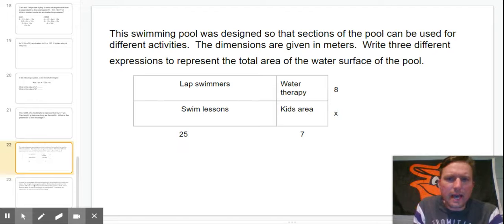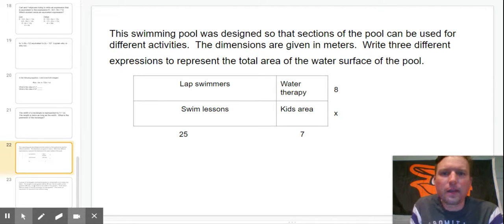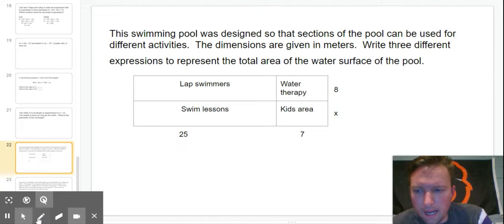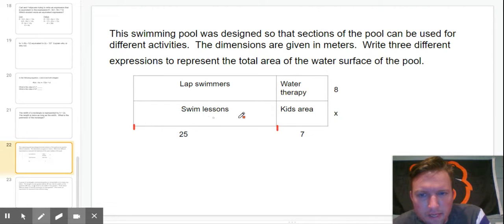This is a swimming pool designed so that the sections of the pool can be used for different activities, like maybe they're cornered off or sectioned off. The dimensions are given in meters. From here to here, that would be 25 meters. The kids area and water therapy is 7 meters.